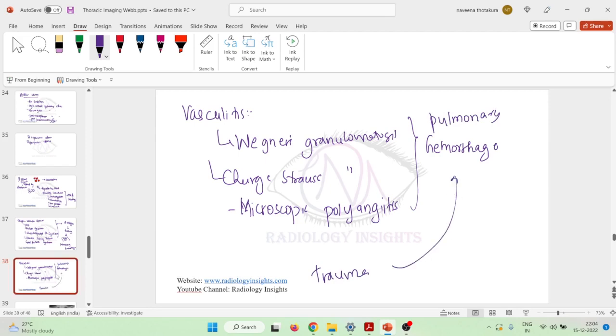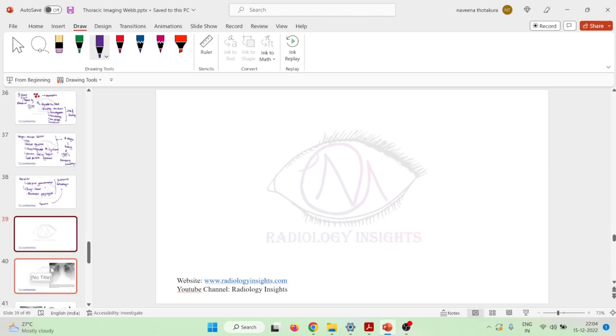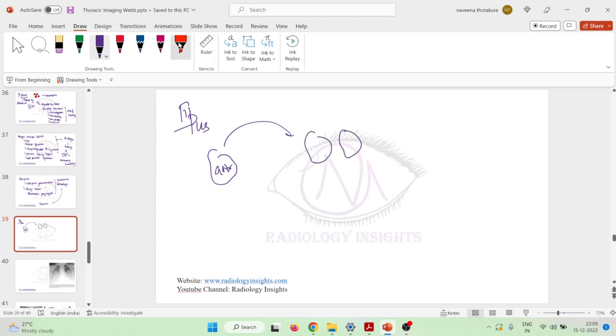Okay. We are done with blood in the alveoli, and we are done with water in the alveoli. The third important thing is alveoli can also get filled, with the air replaced with pus. Alveoli might be replaced with pus also. Now, if alveoli is replaced by pus, it is seen in bacterial pneumonia.